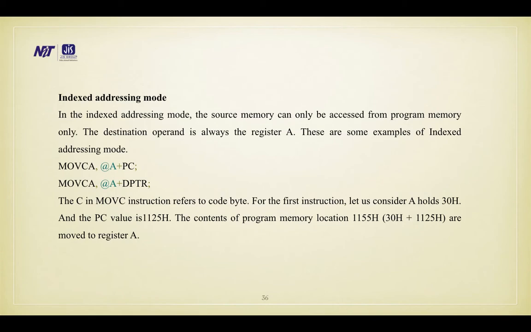For the first instruction, let us consider A holds 30H and the PC value is 1125H. The content of the program memory location 30H plus 1125H is moved to the register A.